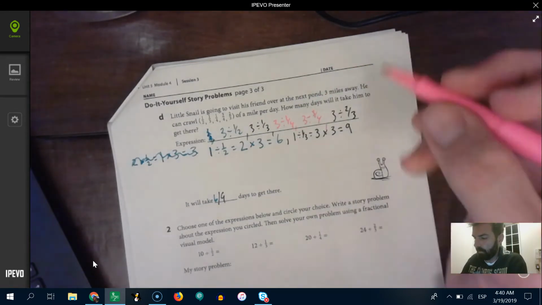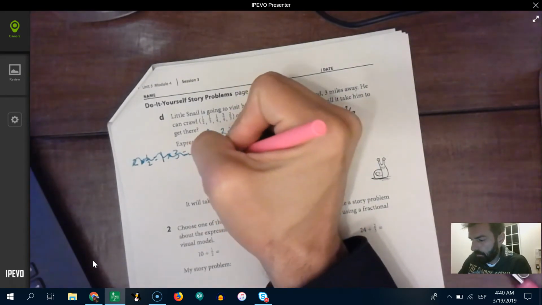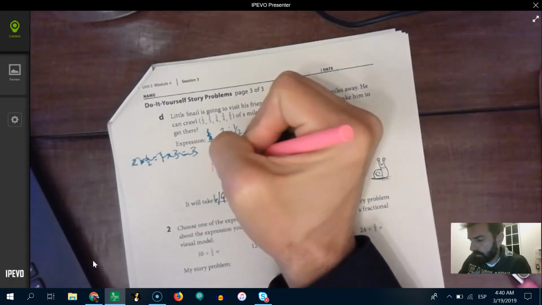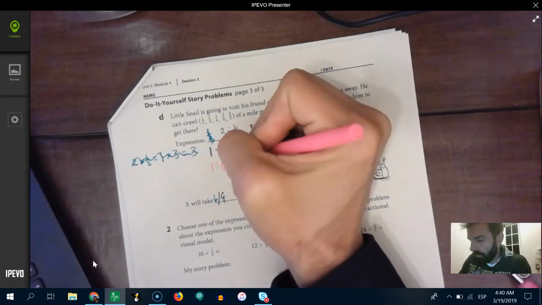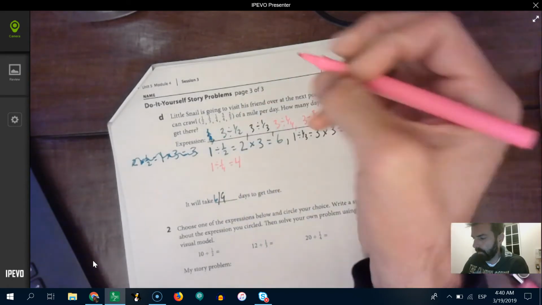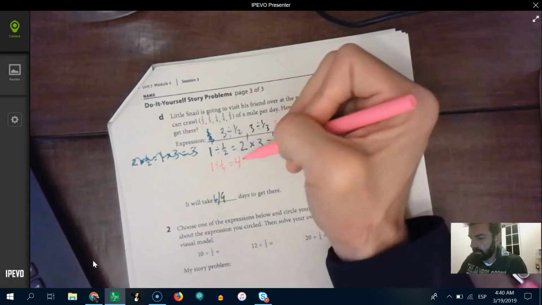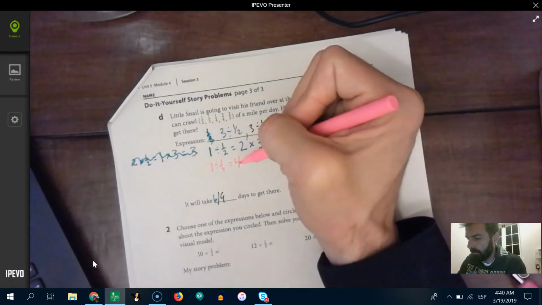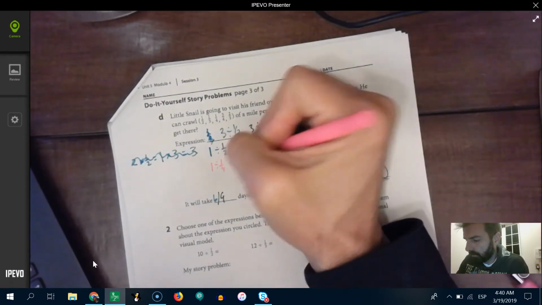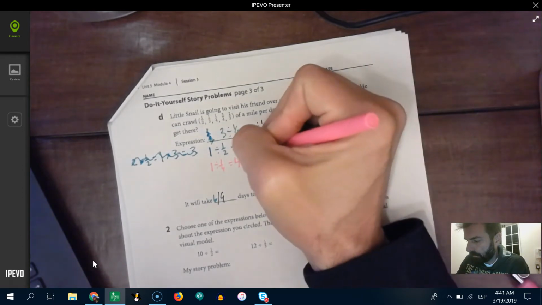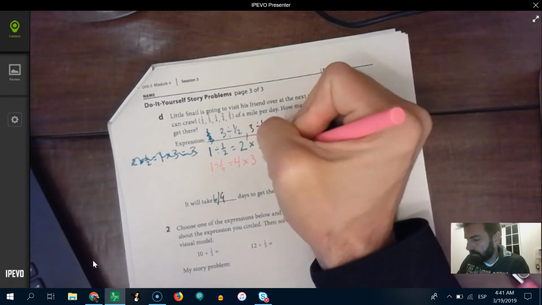What about 1/4? In 1 there are 4 fourths. So if it was 1 mile, it would take me 4 days to get there. And so then I'm doing 3 miles, so that's going to say 12 days.